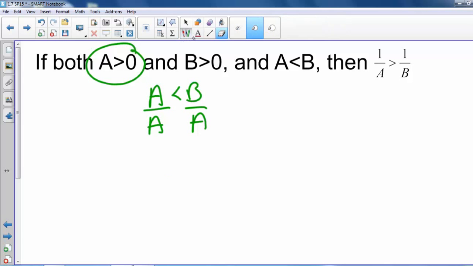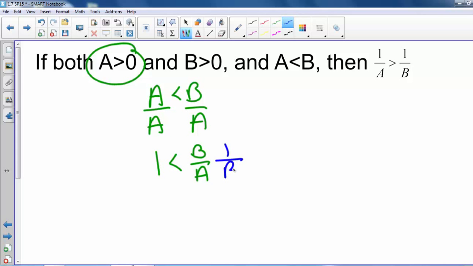So we get 1 is less than B divided by A. Now we're going to divide each side by B, or we can think of it as multiplying by 1 over B. And so we get 1 divided by B is less than 1 divided by A, which is what we wanted.